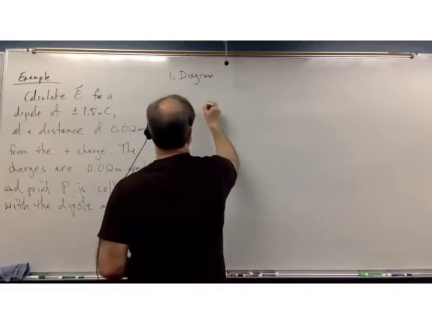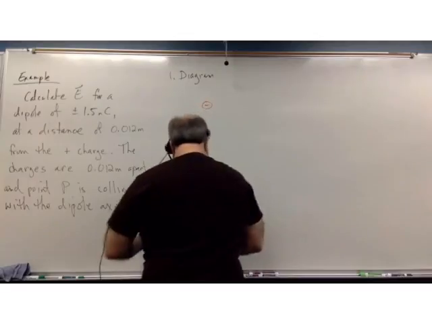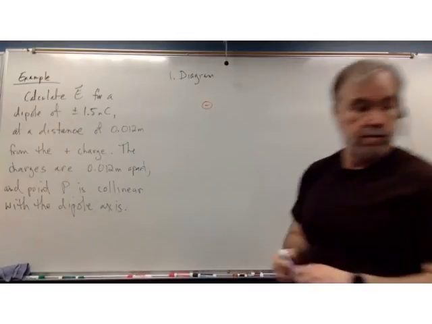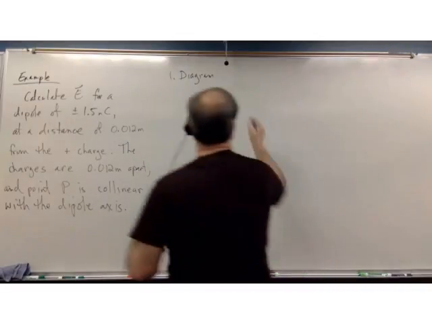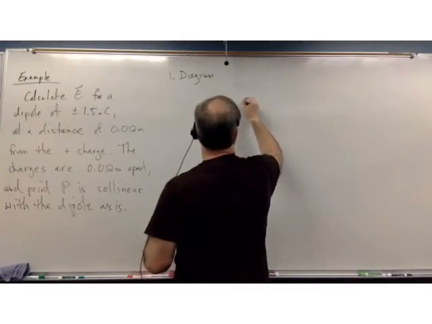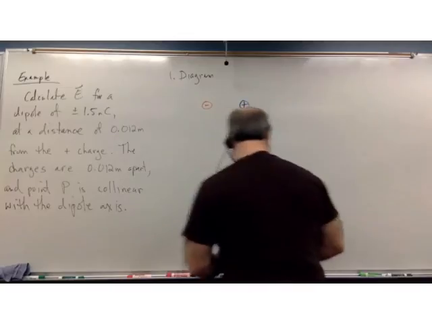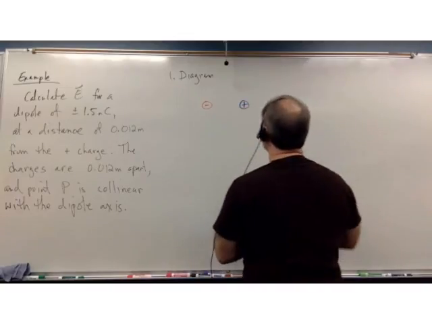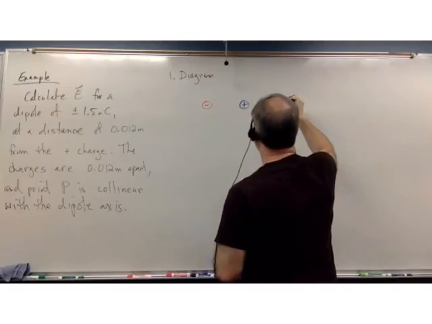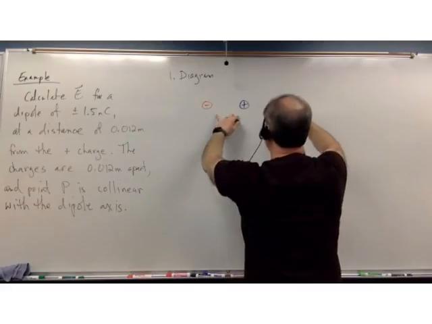We have a negative charge on the left. We have a positive charge on the right. And we have our point P at a distance that's the same as how far apart they are from each other.